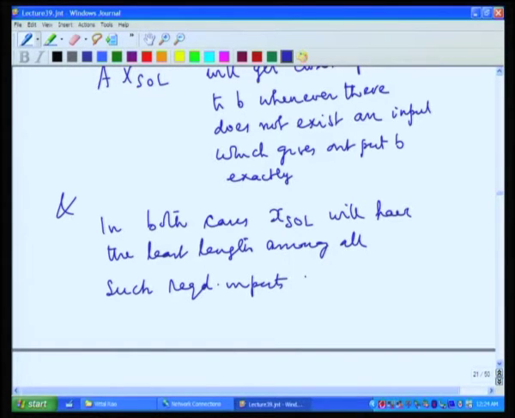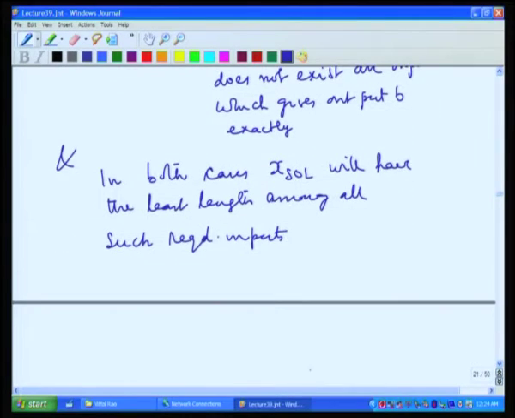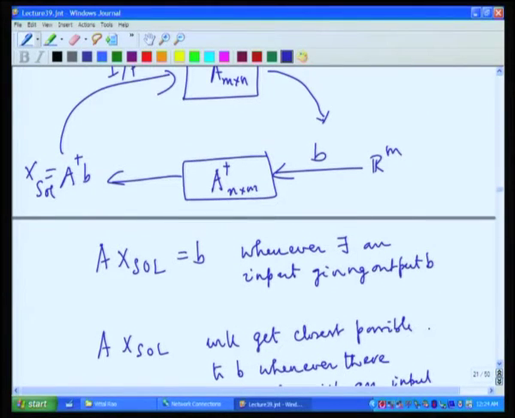So, it is like a control. I want to control the output B by controlling the input. I want to control the system in such a way that I get the output B. I would say that you can control by putting the input x sol, and that is the best you can do. What do we mean by saying that is the best you can do?